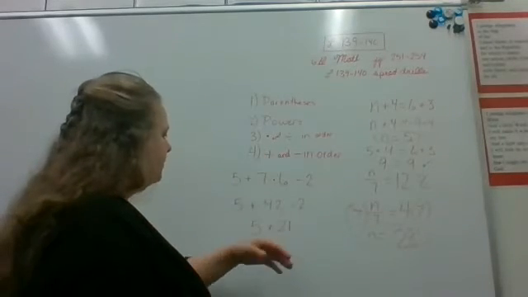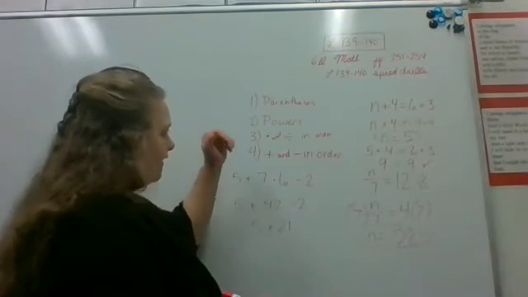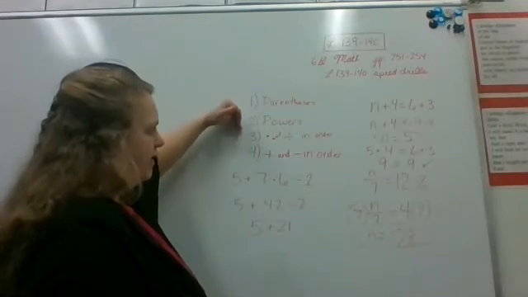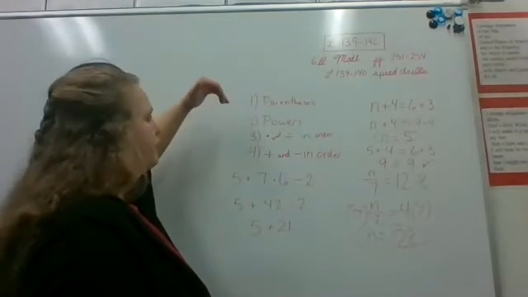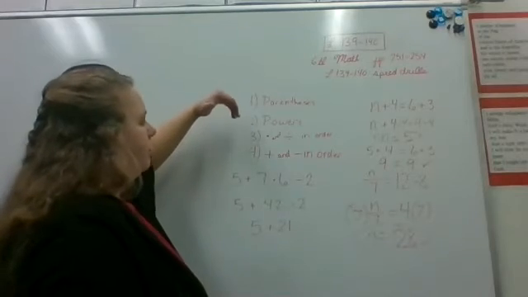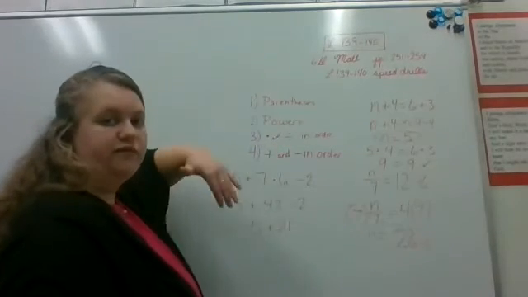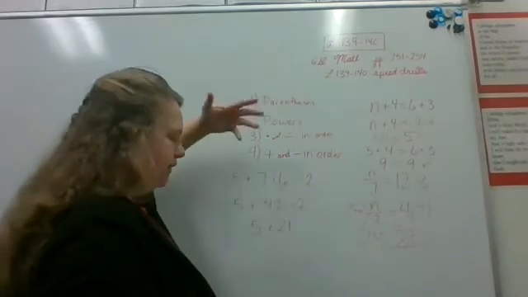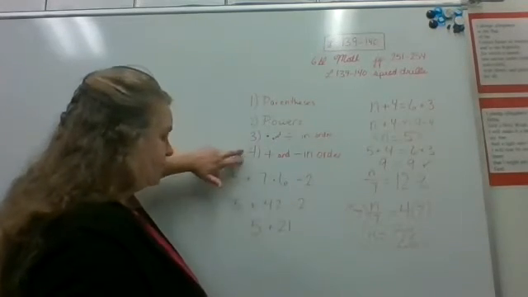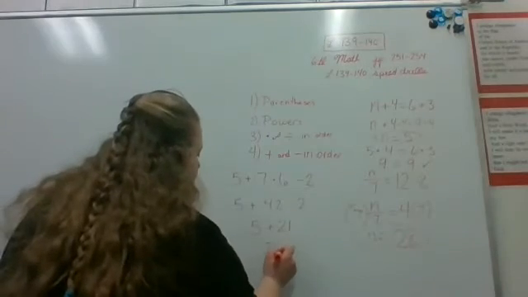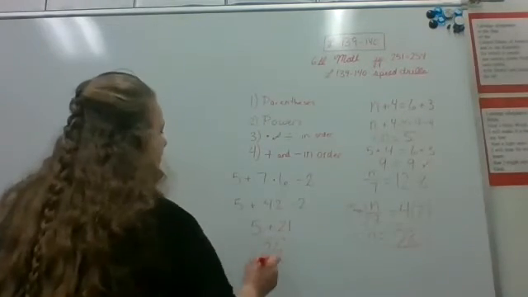As long as we have gone through this and we've said, okay, there's no parentheses, we move to powers, there's no powers, multiplication, division. We do the multiplication because it came first and then the division, but if the division came first, we do that and then the multiplication. And then addition and subtraction in order. So now we can just add 5 to 21 and get 26, okay? And so this would be our answer.